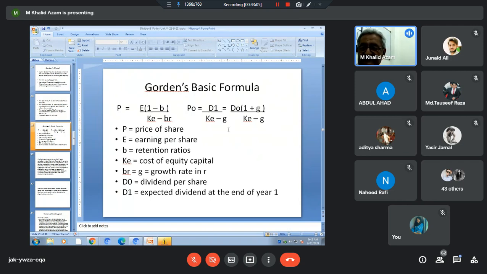So based on that, earning per share, retention ratio, K cost of equity capital, growth rate, and the dividend per share, that is your D0, which is the expected dividend at the end of the year. So this is the dividend which you are going to receive at the end of the year. Based on this, he has given this very simple formula which we are going to use here.